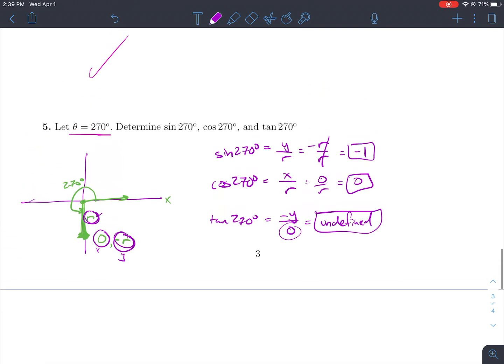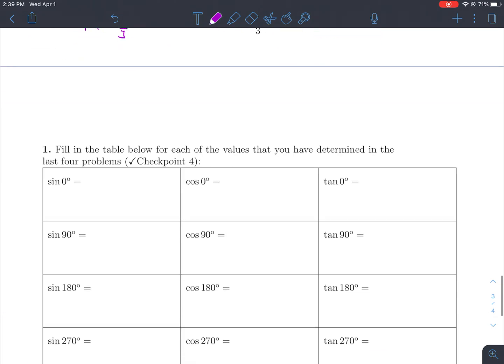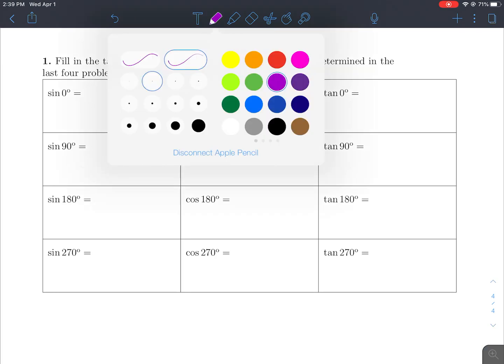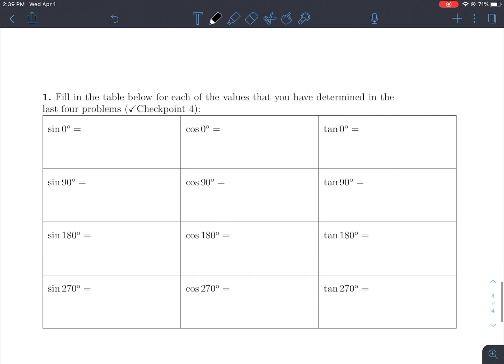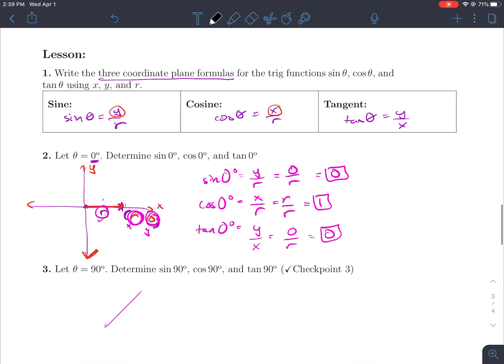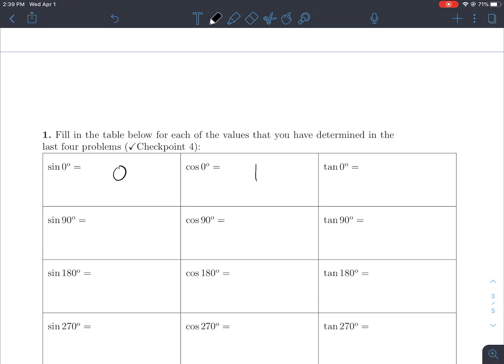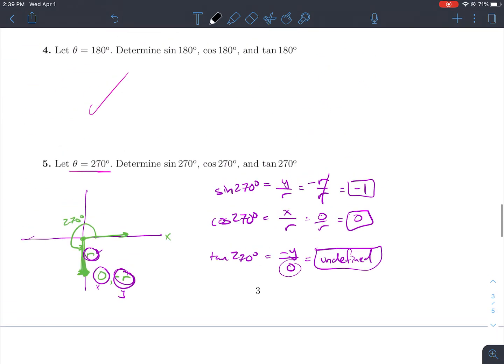All right, guys. So once you're done doing these 4 problems, you're going to be able to get checkpoint 4, which is to fill out this full chart here. So the way you're going to fill out this chart as an example is sine of 0. You just go up here, sine of 0 was 0. Cosine of 0 is 1. Tangent of 0 was 0. So we put 0, 1, and 0 for that row.